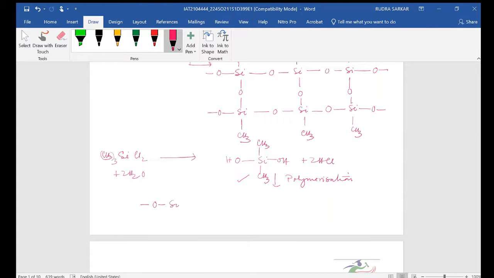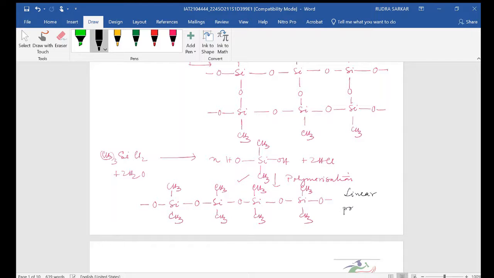It will be O-Si, O-Si, O-Si, O-Si, O. So n such molecules, if they condense or polymerize, giving away water while these Si-O-Si bonds are being formed, then such a polymer we will call a linear polymer of silicon.